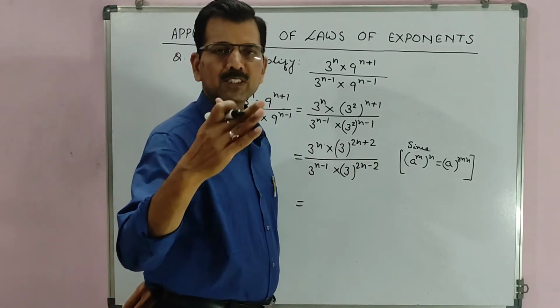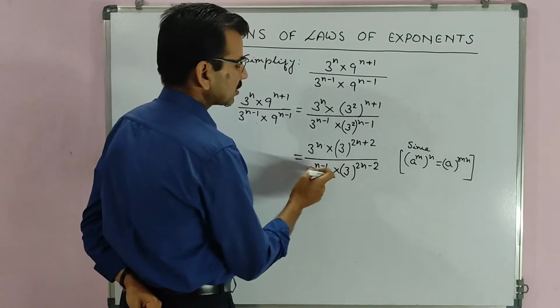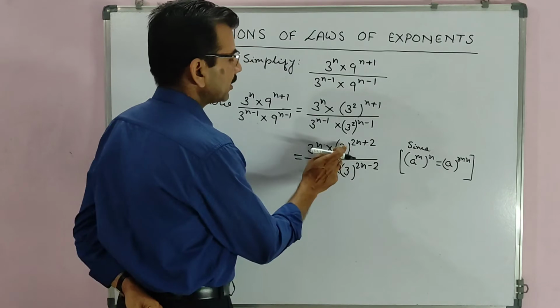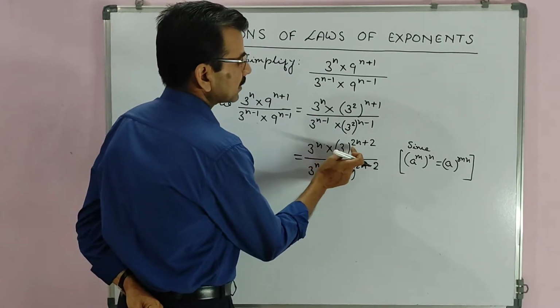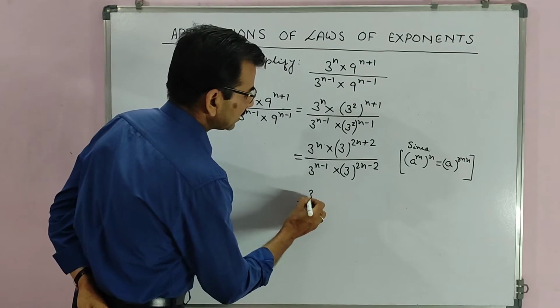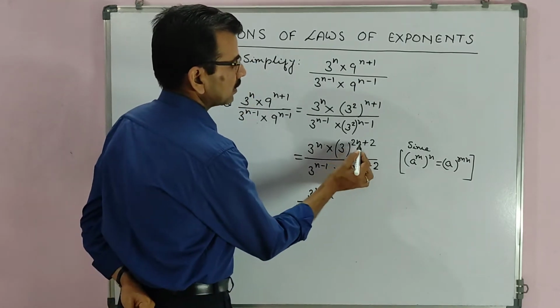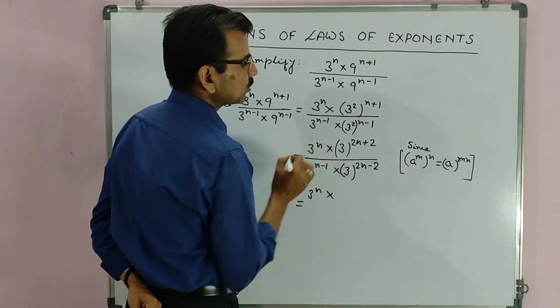If we multiply thousands of numbers, the product is only one single number. So no need to worry here. We only have to add the powers. So we write once again 3 raised to power n into 3 raised to power 2n plus 2.